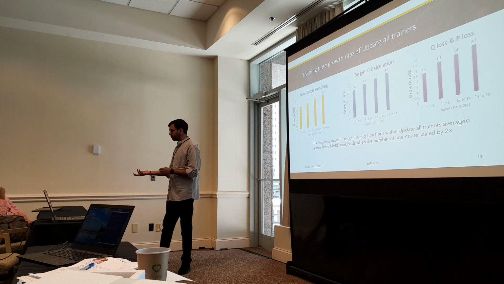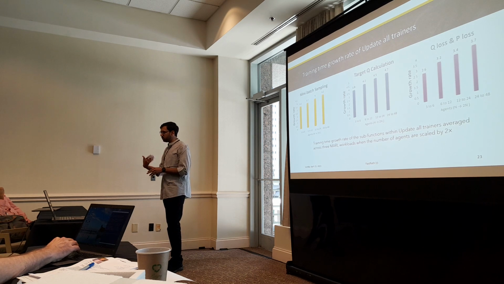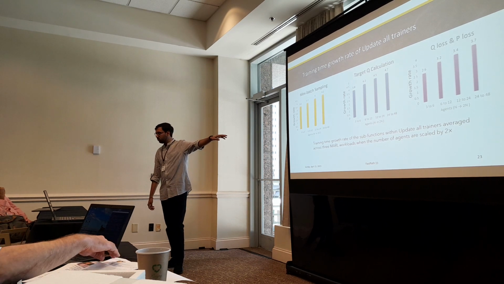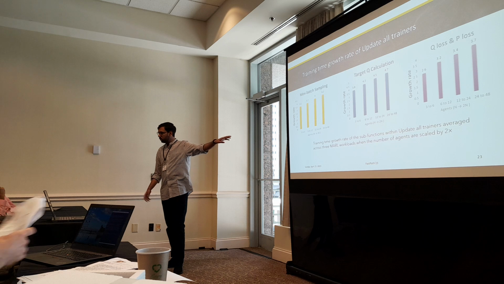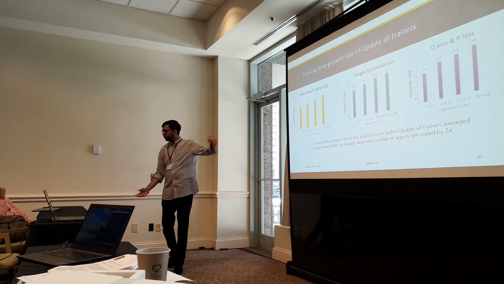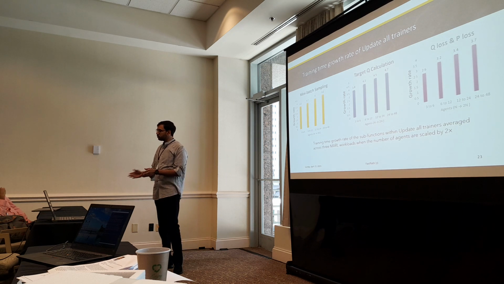The back propagation, the Q loss and the P loss, can also be parallelized. But the mini batch sampling needs the algorithm to warm up in order to collect the data. This can't be done in parallel because it needs the data of all other agents, and it has to be executed sequentially, because on the environment we execute the actions as a list of actions in a sequence.